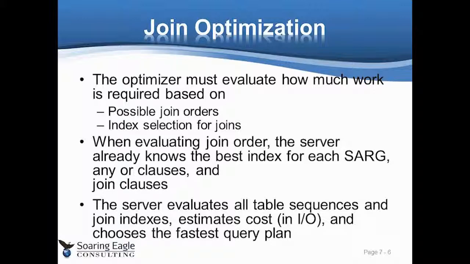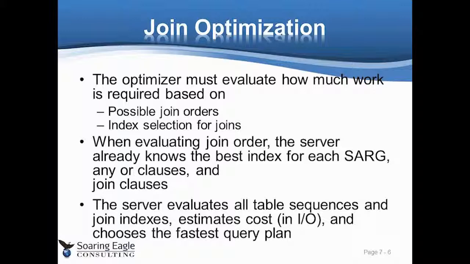Now, keep in mind that in the olden days, olden days being SQL 2000 and earlier, the official party line, even though it wasn't true, is that the server evaluated all possible join orders. That wasn't true then if you were over 4 tables in the number of joins, but today that's even less true because it's got a variety of algorithms that it goes through to identify what join orders might make sense.